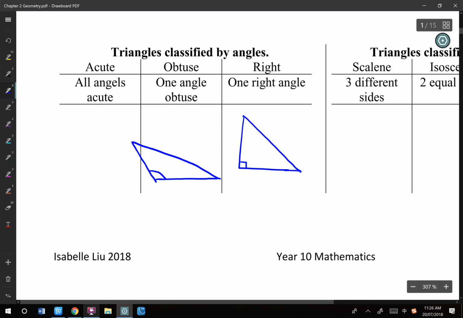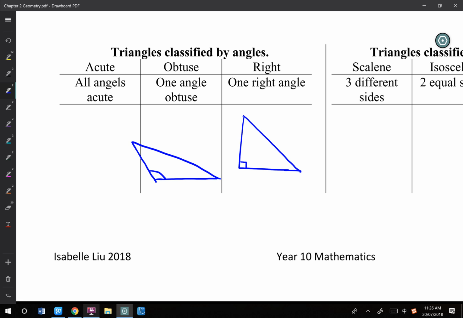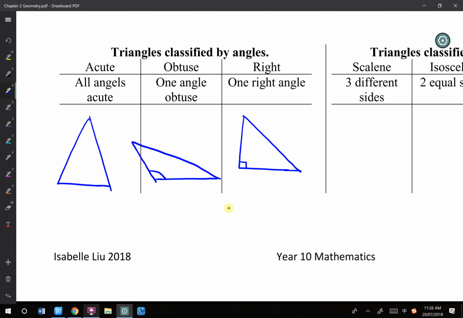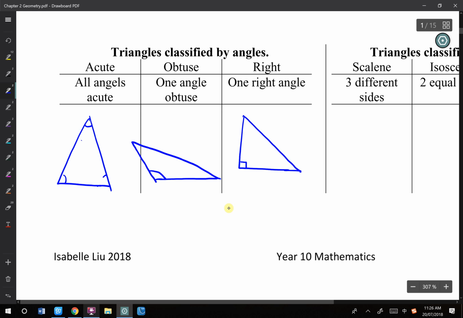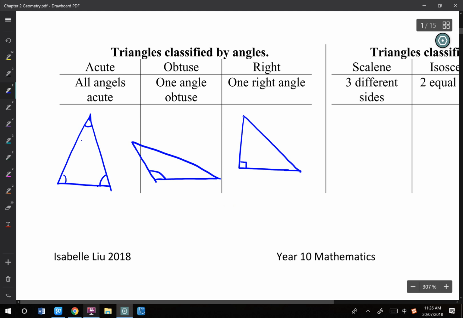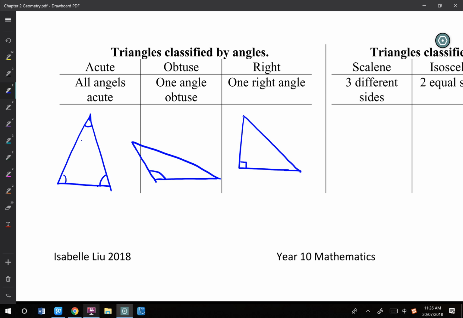And then acute: in an acute triangle, all the angles are less than 90 degrees. That will be an acute triangle. That's the first group, classified by angles.